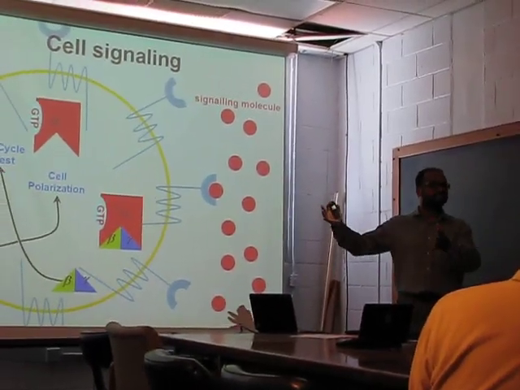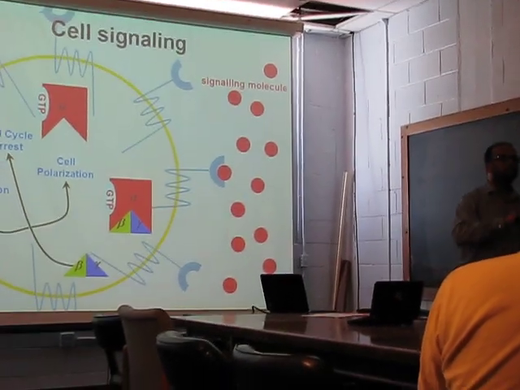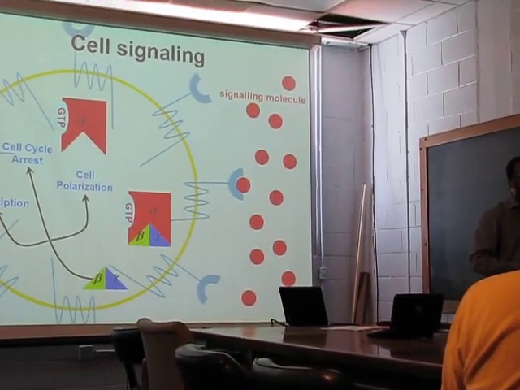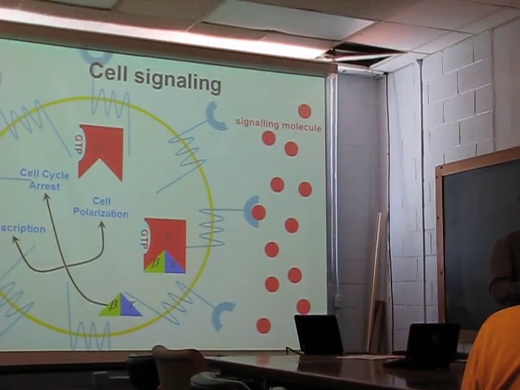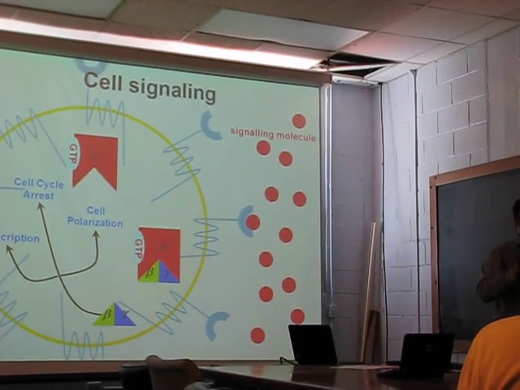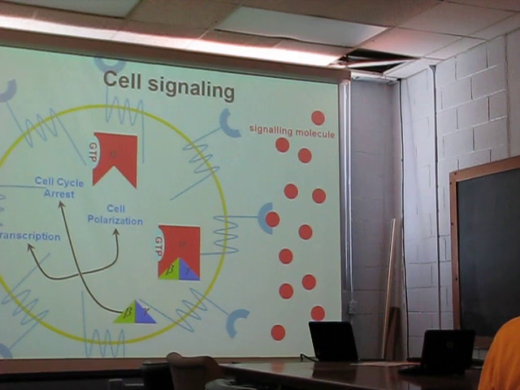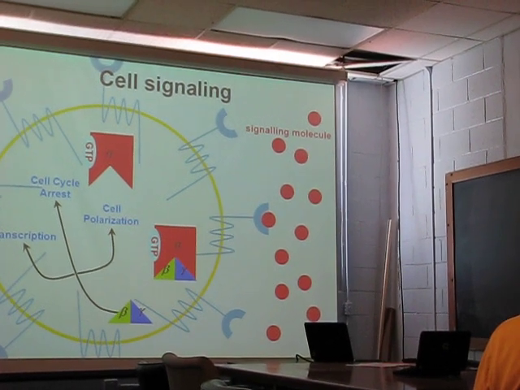This is the outside situation, what you need to do, whether you need to differentiate the cell or carry out some particular cellular activity, you have to multiply the cell, you have to arrange the cell cycle, whatever. So this is basically the interaction part of the two cells.